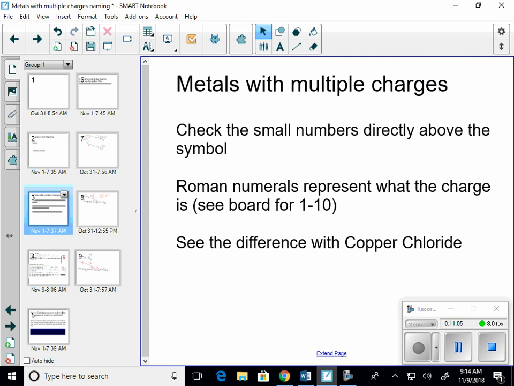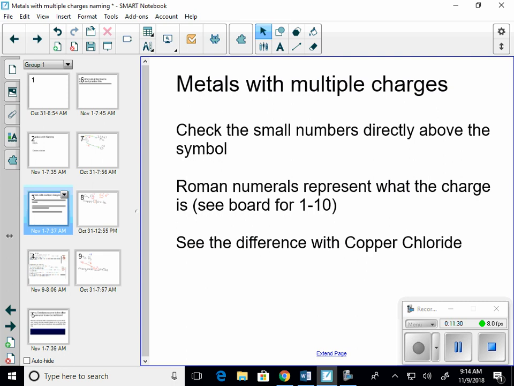The only time this is possibly going to pop up are the metals in the middle of the periodic table, like copper, for example. Now, if you ever on your own want to ask why do they have more than one possible charge, I can explain it to you, but it deals with electron configuration. And that's something that is a little beyond what we need you to know for this class. However, some people might be curious about that.